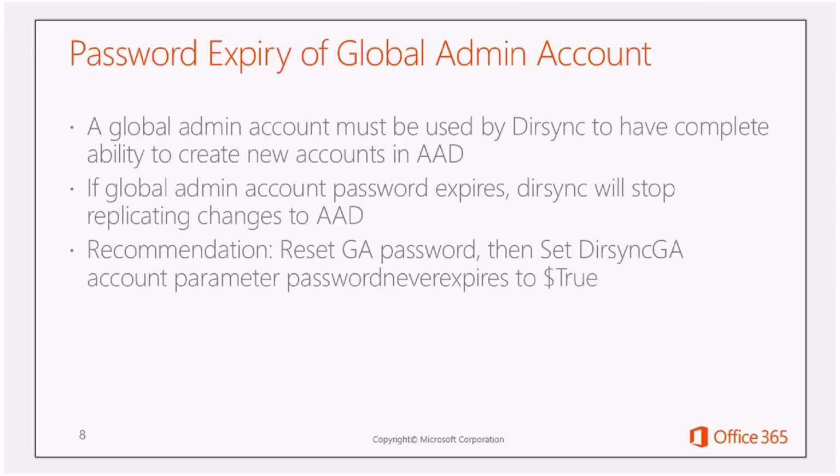Also, if you log on to the portal with a global admin account, the portal will show a toast icon at the top navigation bar, the top blue bar, with a warning saying that your global admin account password is going to expire soon.